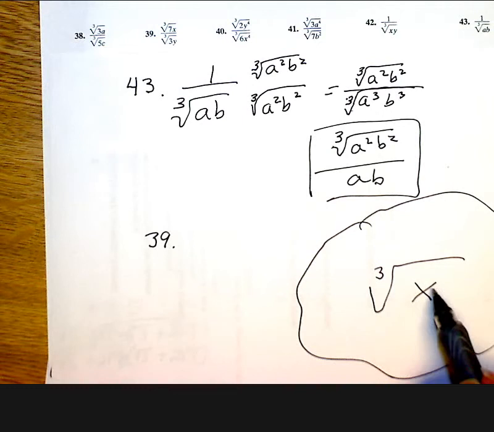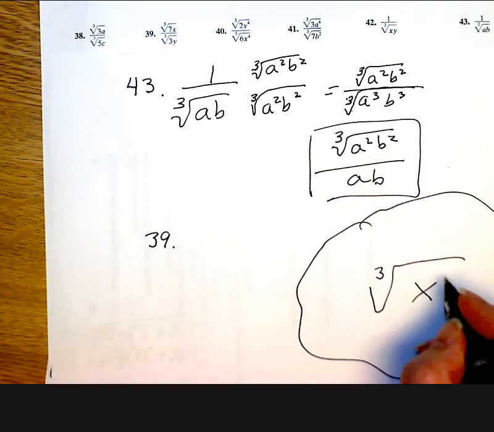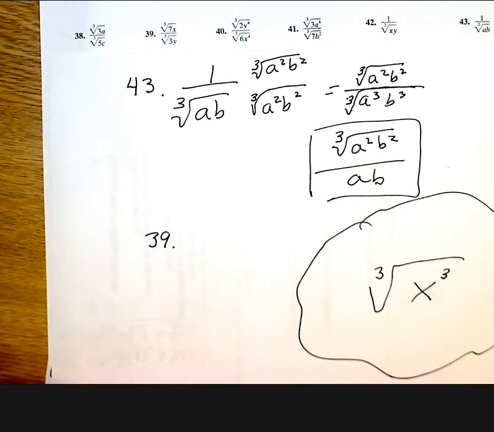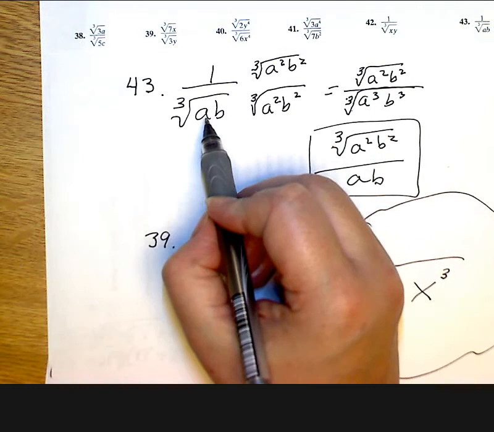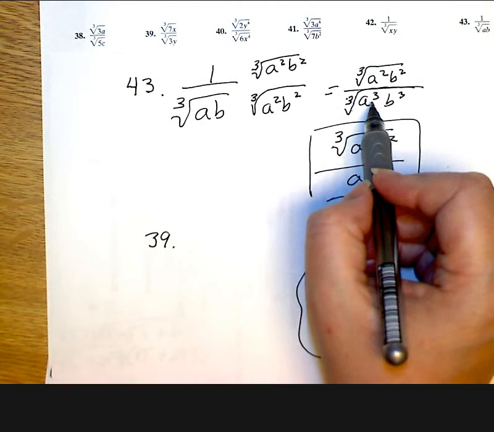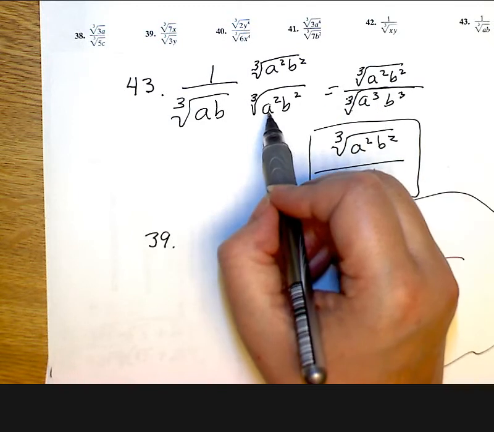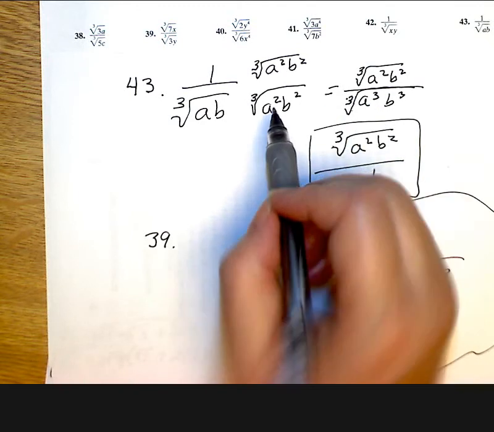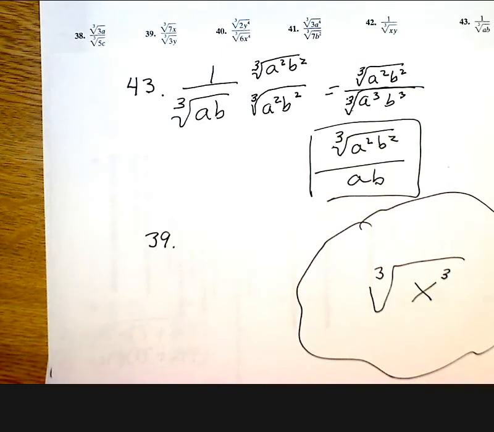I can't take anything out until there's 3 of them. So I have to figure out what I have to multiply this by to get it to be a cube. So that's why we chose the a squared. Does that make sense? I got that. Any other questions on 43?